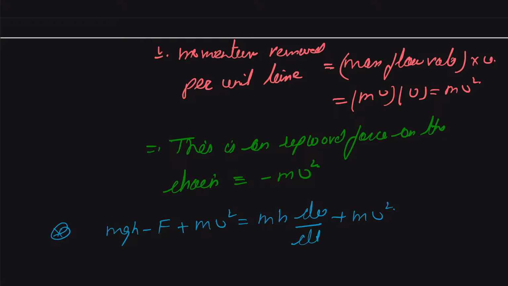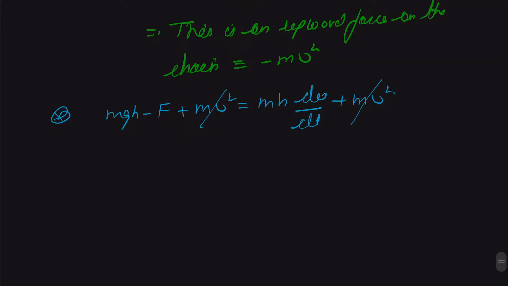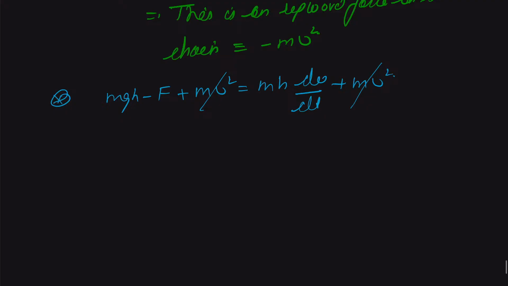Sorry, so this is a plus, and these two terms cancel out. So this is our downward. Okay, we got it. And because this will be minus of minus, it will be plus. Now, okay, we are almost done with this. So we get this as mgh minus f is equal to mh dv by dt.